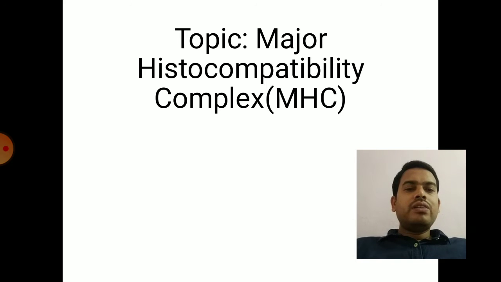They play an important role in antigen processing and presentation to T cells. So with the help of this major histocompatibility complex, the antigens or foreign particles that enter the cell are processed and presented to the T cells.